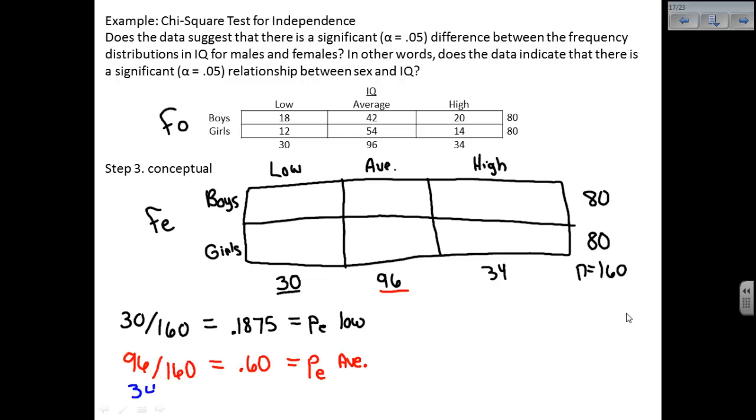Here we know that 34 out of 160 had a high IQ. And 34 divided by 160 is 0.2125.